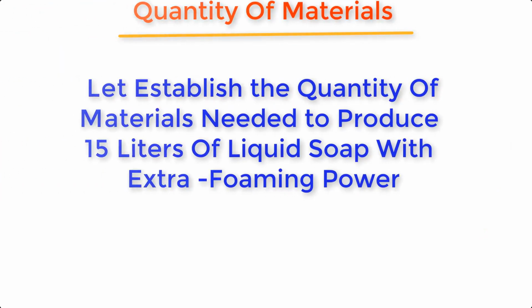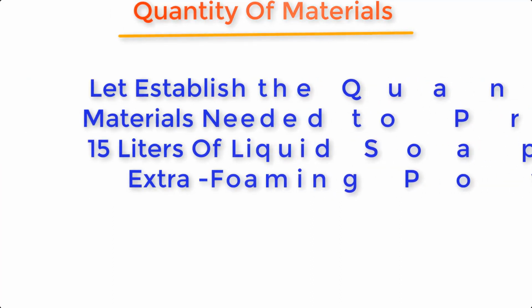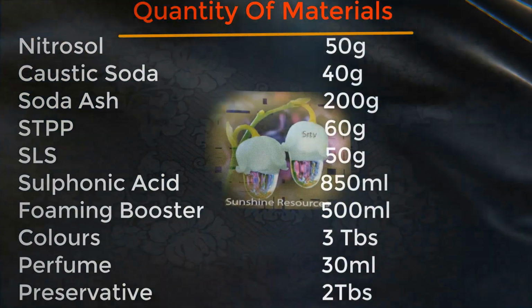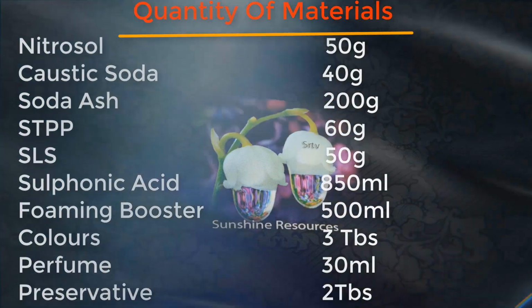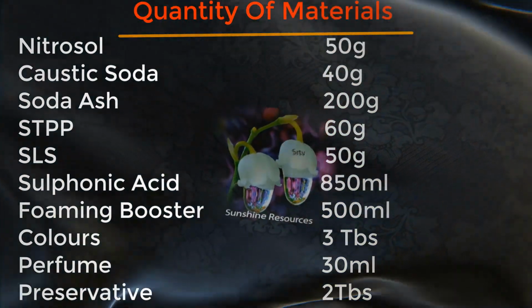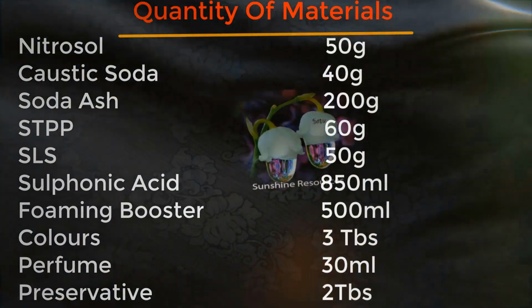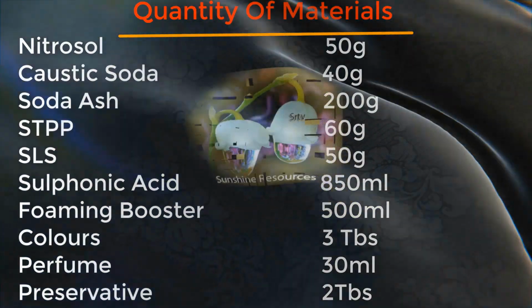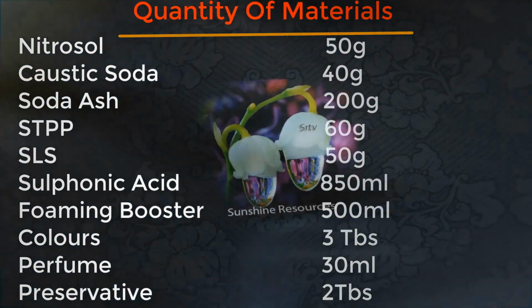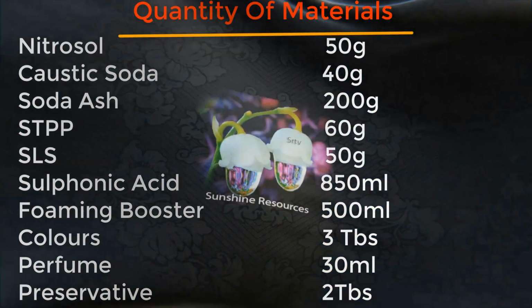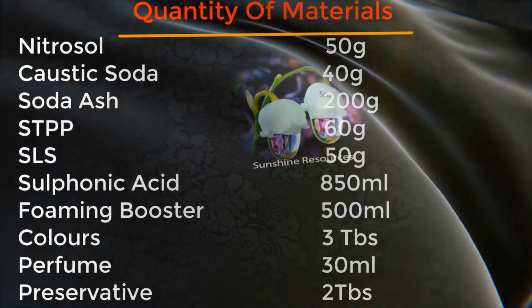Now let's establish the quantity of materials needed to produce about 15 liters of liquid soap with extra foaming power. Nitrosol 50 gram, caustic soda 40 gram, soda ash 200 gram, STPP 60 gram, SLS 50 gram, sulfonic acid 850 ml, foaming booster 500 ml, color 3 tablespoons, perfume 30 ml and preservative 2 tablespoons.